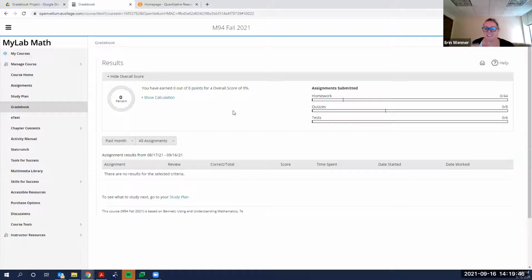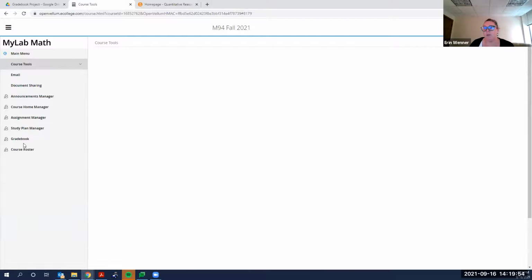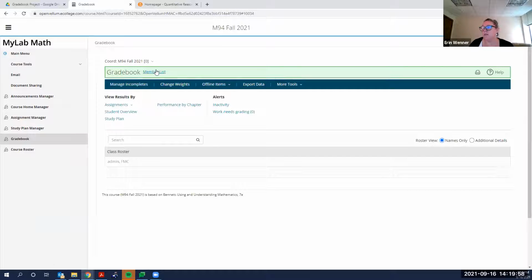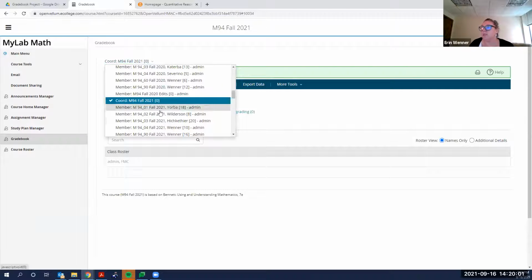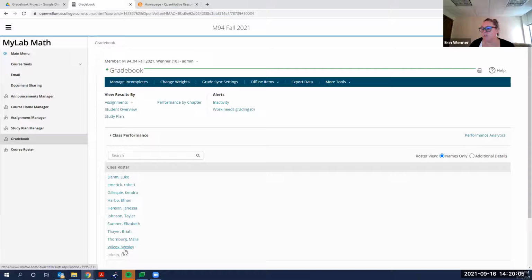Mine doesn't have anything in it because I'm not enrolled as a student, but it's going to have your assignments and all of that stuff. Oh, for the love of Mike, I have to go through my admin account to do this.